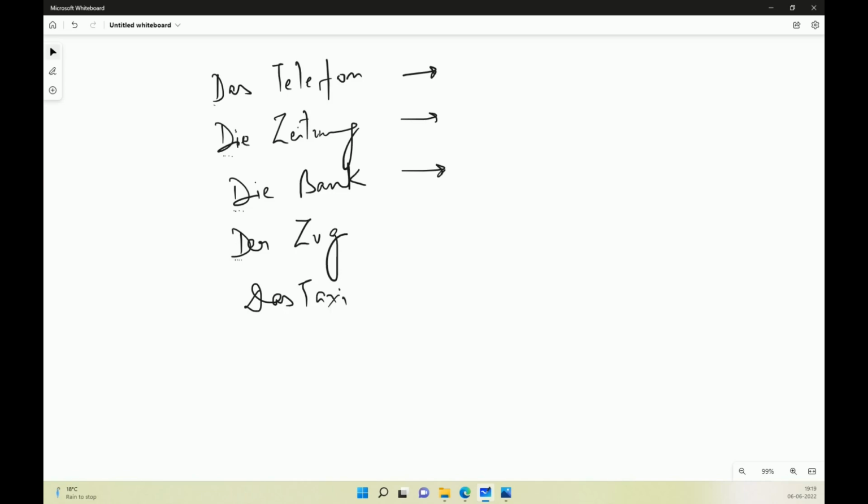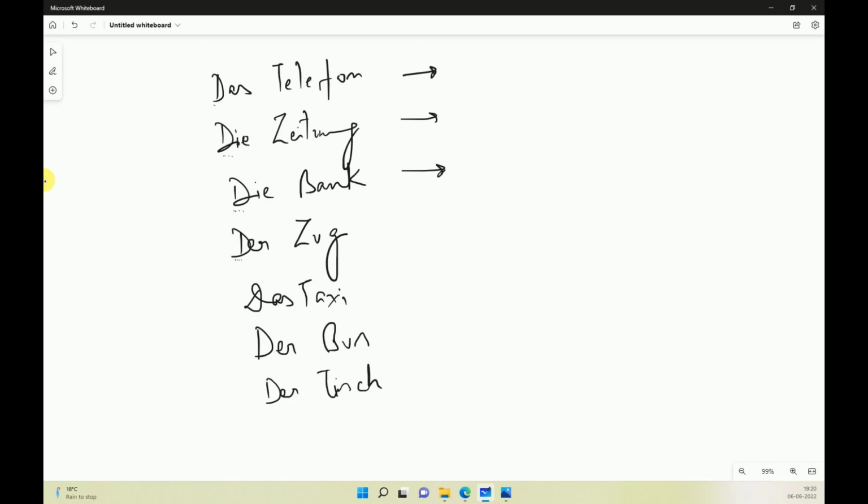Das Taxi, right? Der Tisch. Well, as I told you, even I am not very sure about the gender. Tisch definitely means table, but are you sure that it is der? Yes. All right, so I'll write down der Tisch.